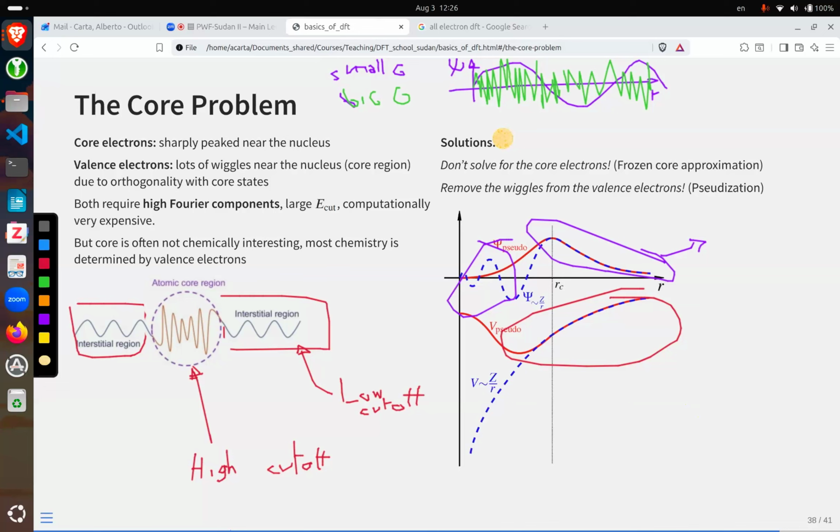Is it related to the distance from the unit cell? Everything here is inside the unit cell, so it's big wiggles inside one cell and small wiggles inside one cell. This is not between cells. This is within one cell.